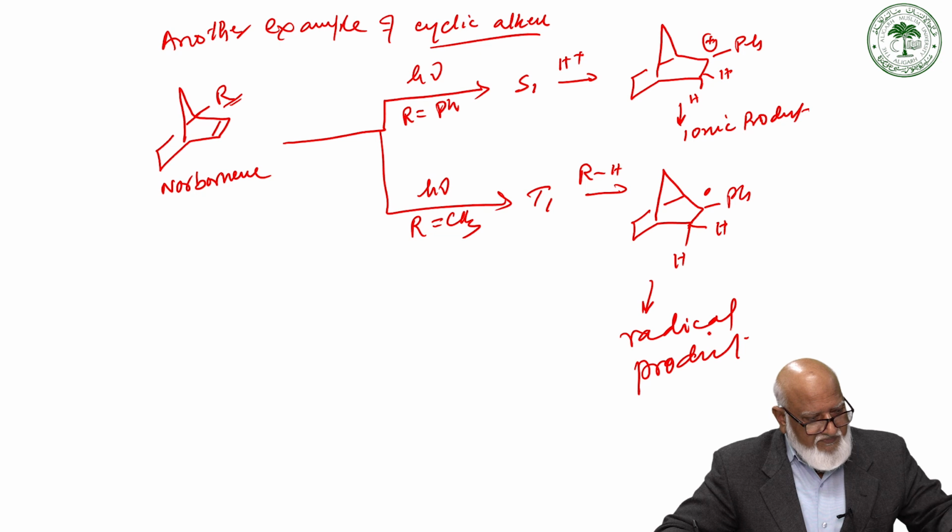Now let's look at more examples of cyclic alkenes in methanol.